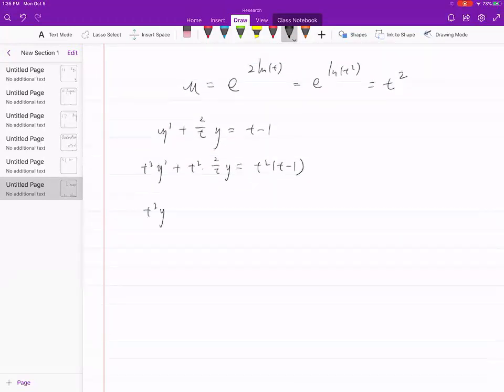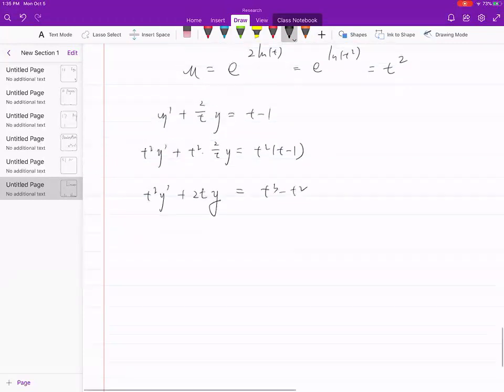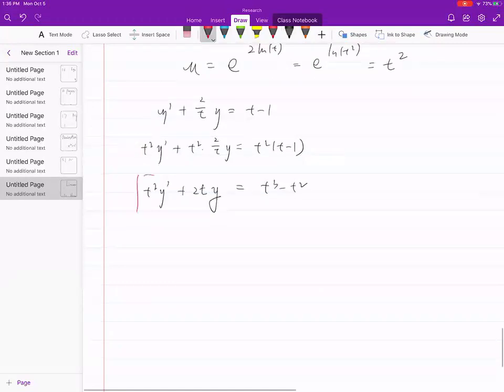T squared y prime plus 2t y equals t cubed minus t squared. Take a look. This becomes t squared y prime.